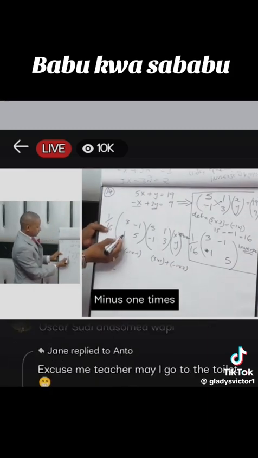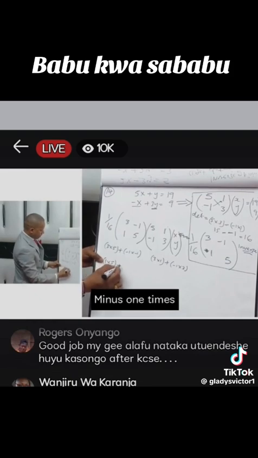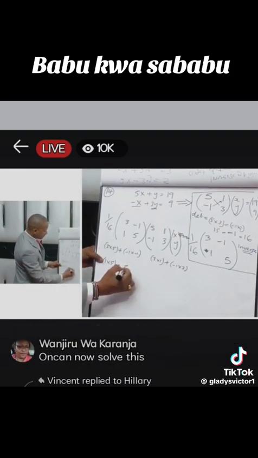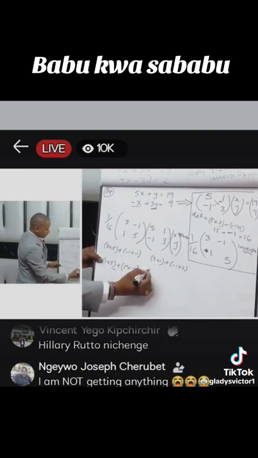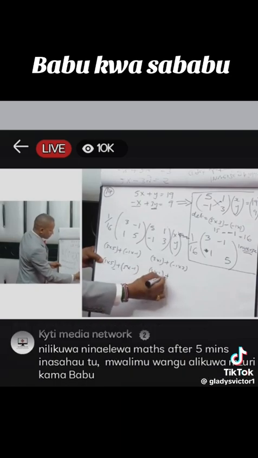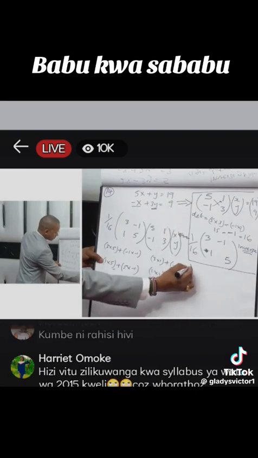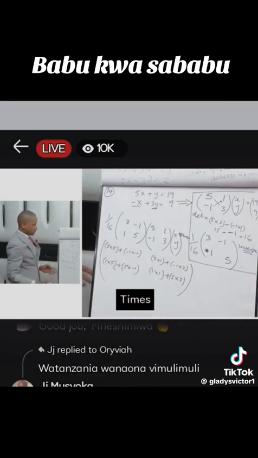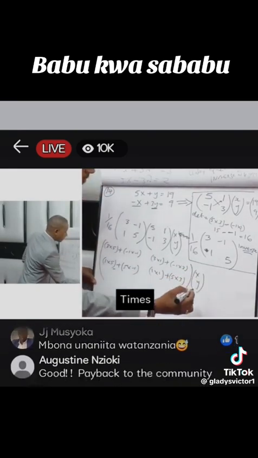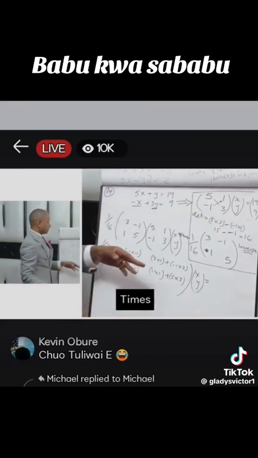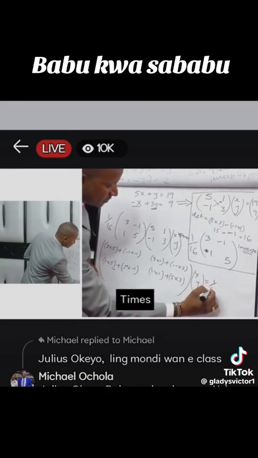Then come here, 1 times 5 plus 5 times minus 1. Then 1 times 1 plus 5 times 3. Times x, y equals this value. No, the inverse, 1 over 16.